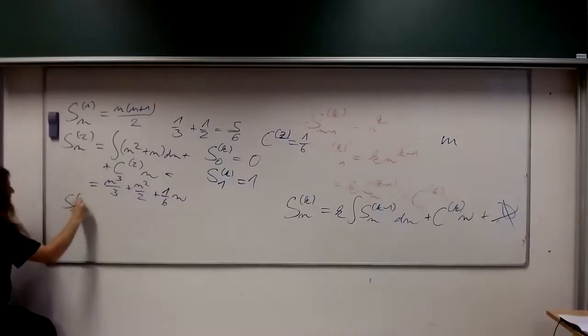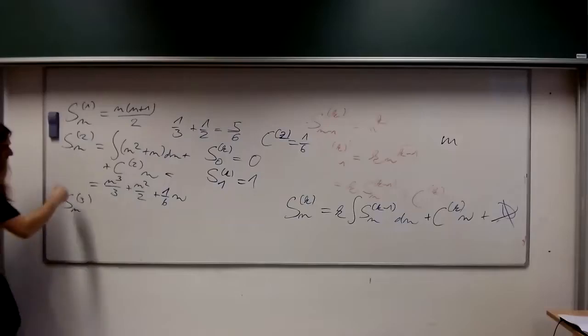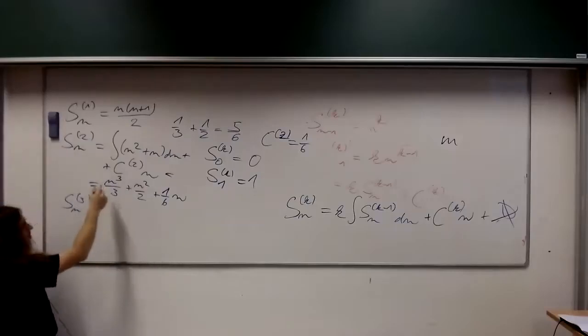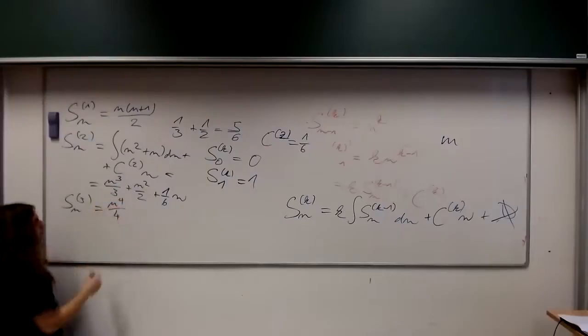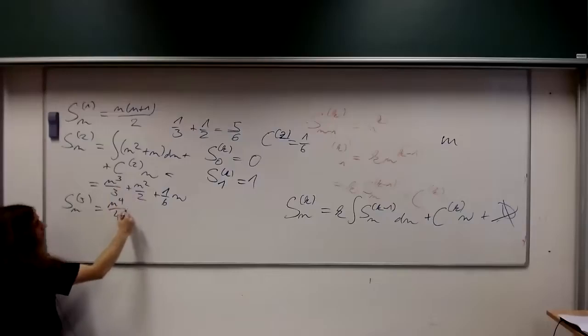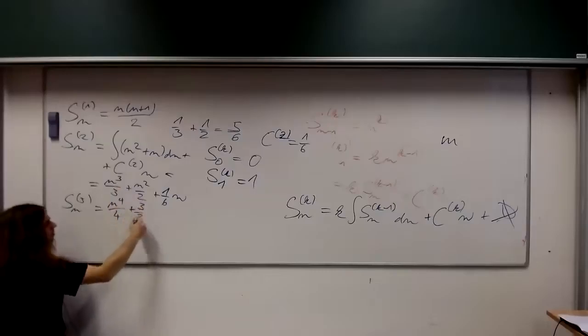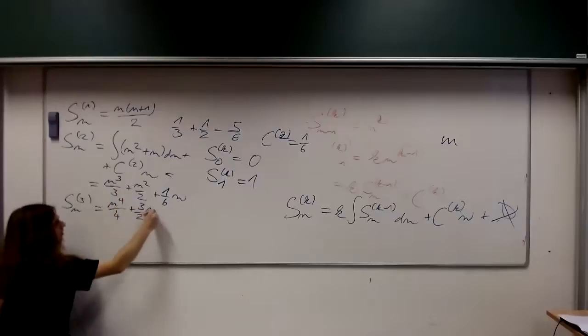So to get this, we integrate again, multiply by 3. So here we multiply by 3, then integrate and get n to the 4th over 4. Here we have 3 over 2, and then n cubed over 3. So just get rid of this.